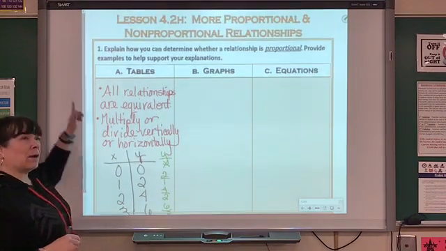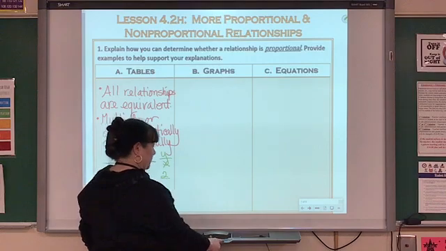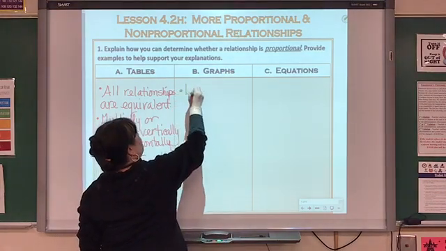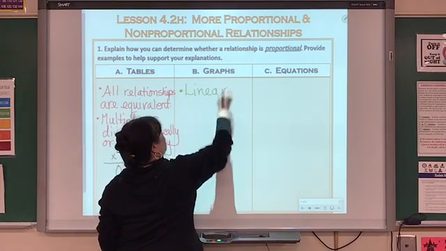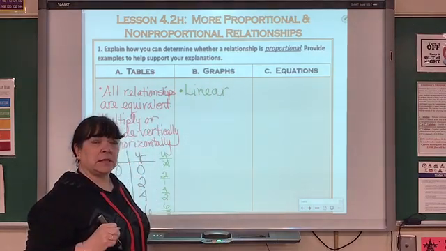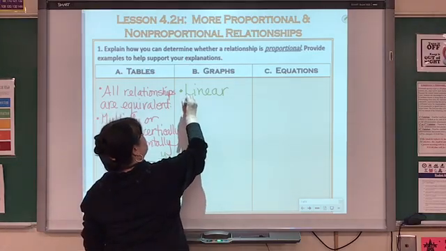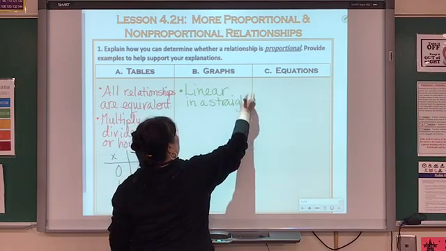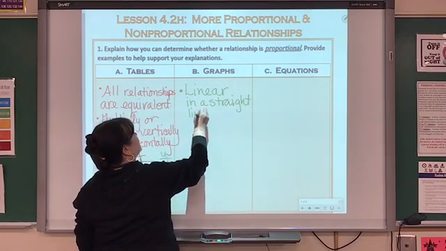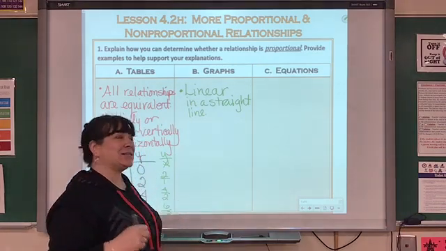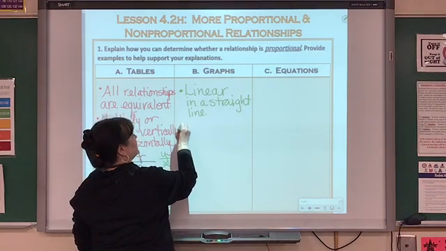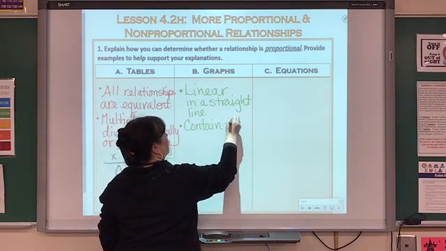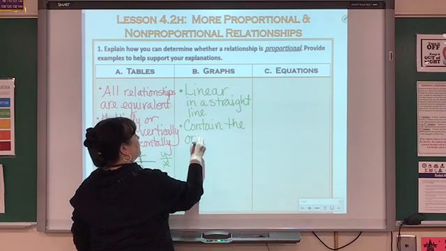Graphs, well, graphs are pretty easy. First of all, for a graph to work, it has to be linear. Now that was a fancy word that we used. Linear meaning it's in a straight line. Which by definition lines are straight, but it needs to contain the origin.